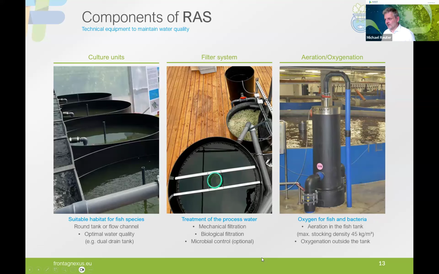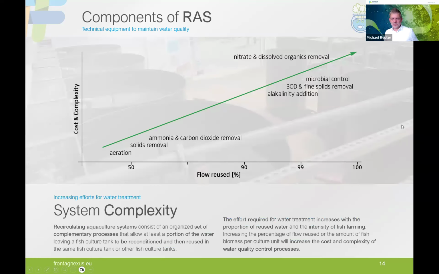If we exceed this value, we will definitely need oxygenation that usually takes place outside of the fish tank in a separate device just before water is fed into our culture unit.